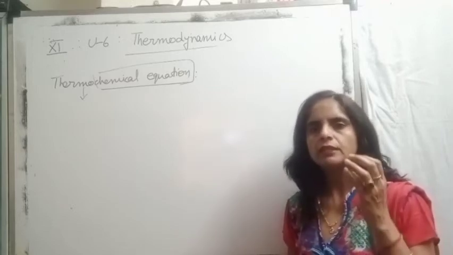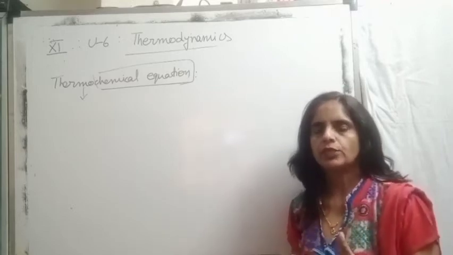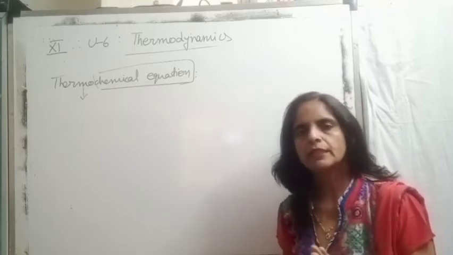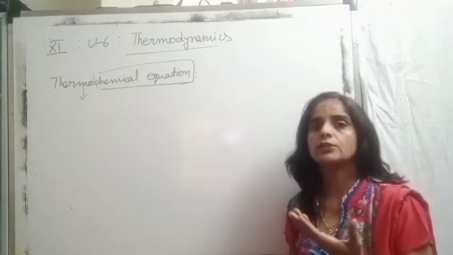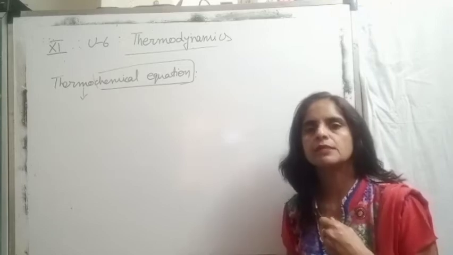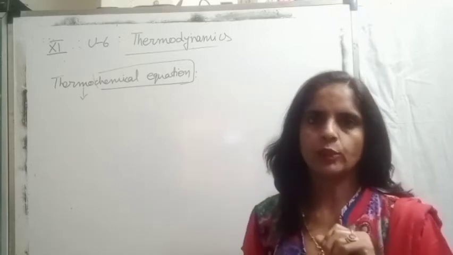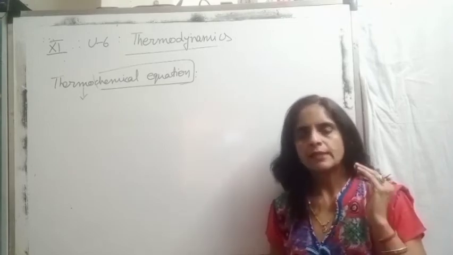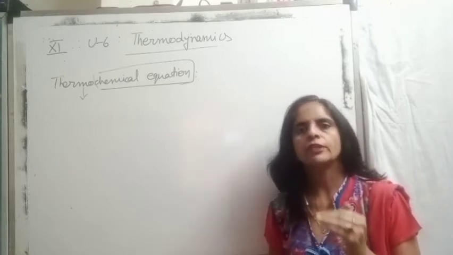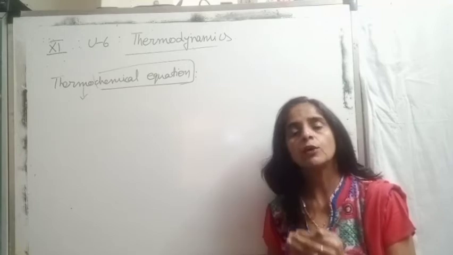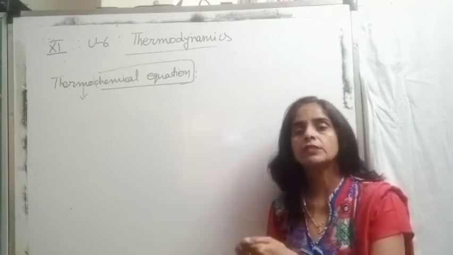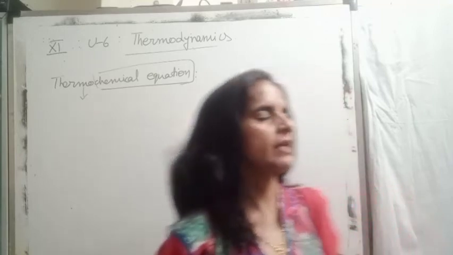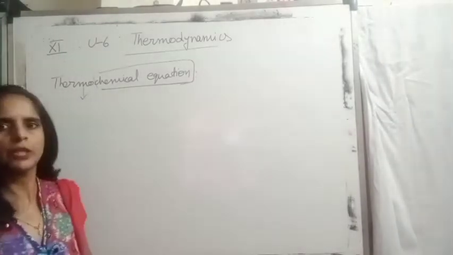So whenever along with the chemical equation, if we represent its enthalpy change during the process, this becomes a thermochemical equation. So thermochemical equation is the symbolic representation of a true chemical change along with its enthalpy change. That is termed as a thermochemical equation.